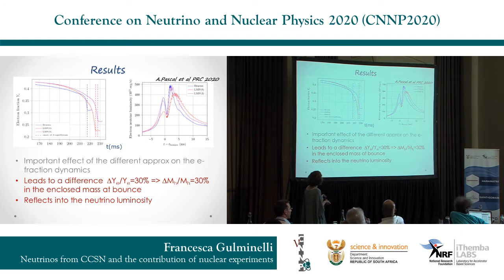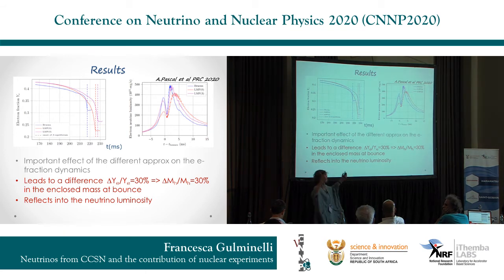And so what you can see here is that these three different approximations lead to a quite different deleptonization rate until the settling of the beta equilibrium. And this, in turn, reflects into the neutrino signal, the first bump, which is the collapse, and the second bump, which is the burst just after the bounce.